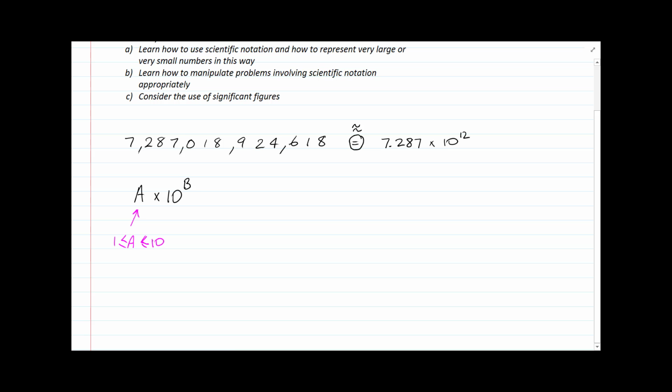The idea is to bring this down to be a simple one-digit number with perhaps some decimal points. b, on the other hand, will be a positive or negative whole number. And of course, the base will always be 10. Because we count in base 10, it works with our number system, and if you try this with another base, you'll find it's quite a hassle. So we've got a times 10 to the power of b.